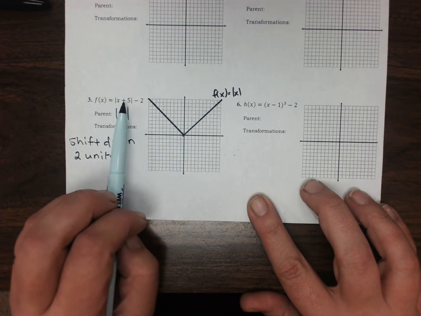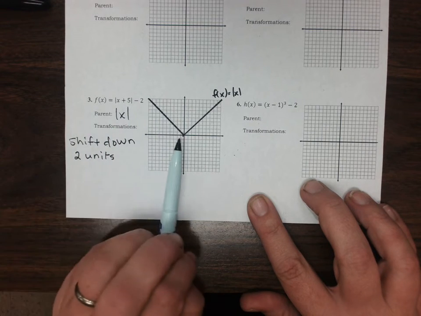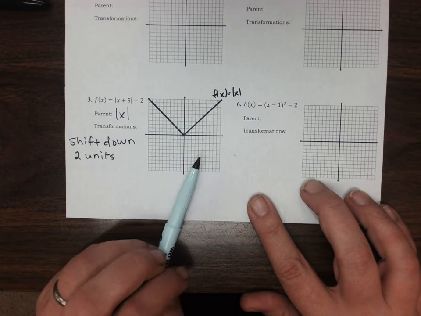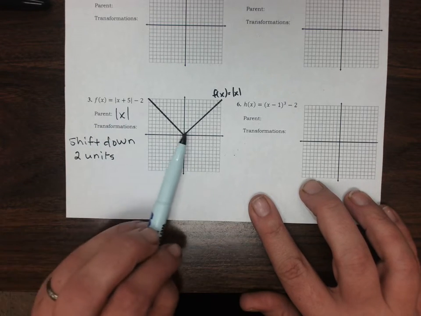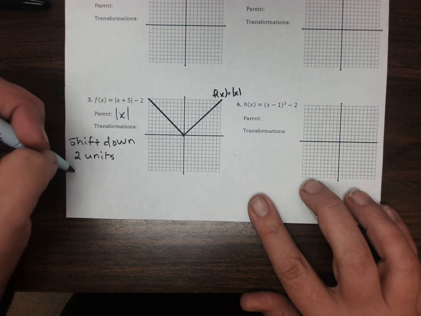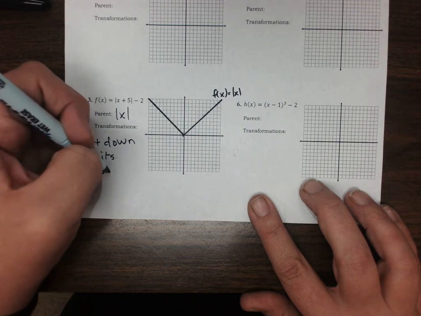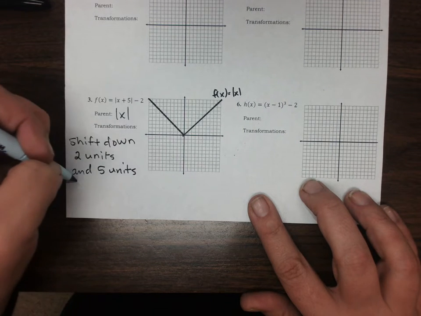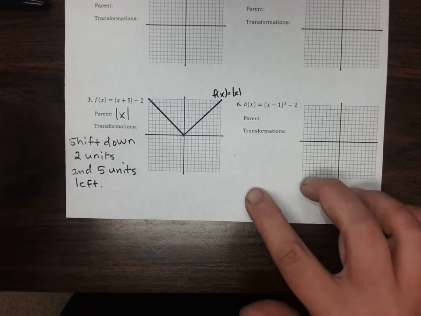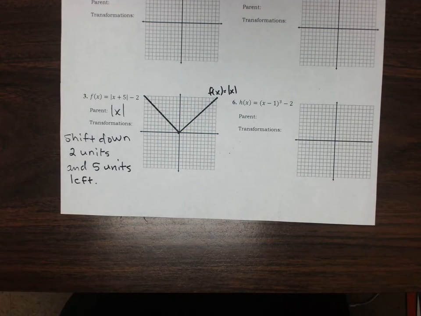But recall, if it's positive, that means I'm moving to the left. So in the last example, it was a negative value, I moved right. Positive tells me to move left. And 5 units left.